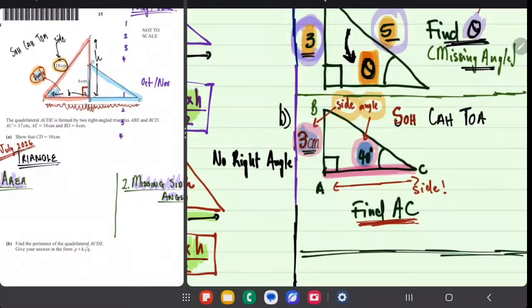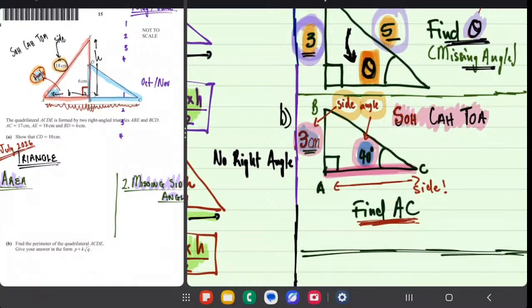And then they can start asking for the other missing sides. What do you use again for this situation? SOHCAHTOA. So either when you are looking for an angle or when you are given one side and one angle, you use SOHCAHTOA.